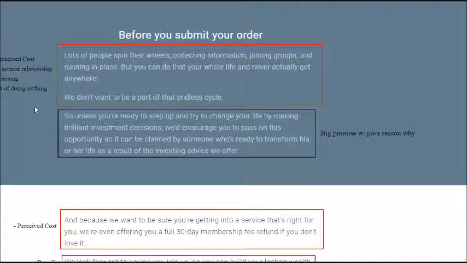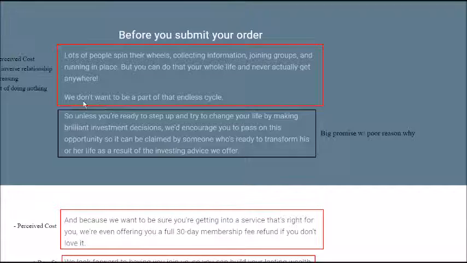So they're trying to increase the cost of doing nothing, which decreases the perceived cost, because it's an inverse relationship. If that's confusing, don't worry. Just think it reduces perceived cost. Or you can just think of it as this increases desire by getting people to want to act now.